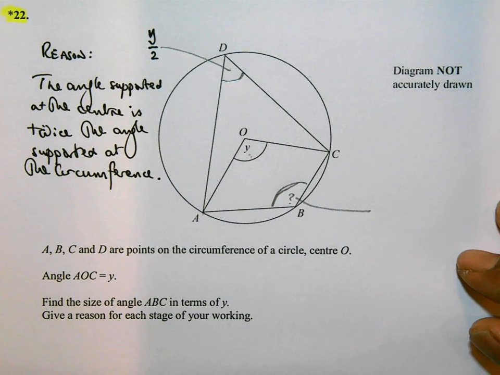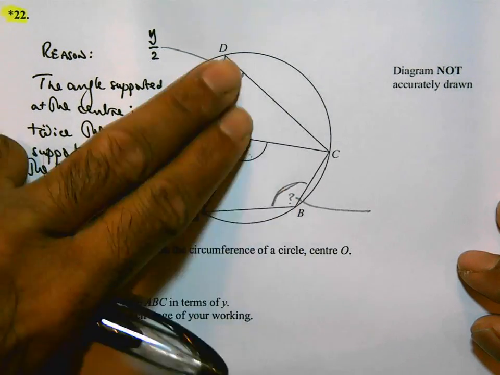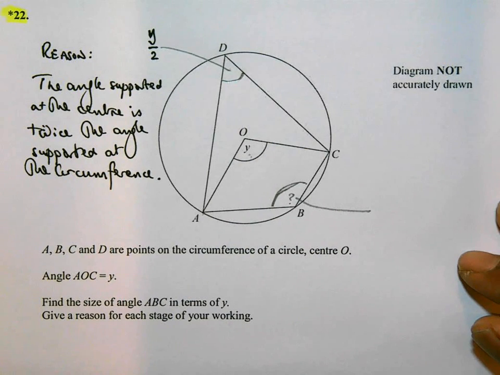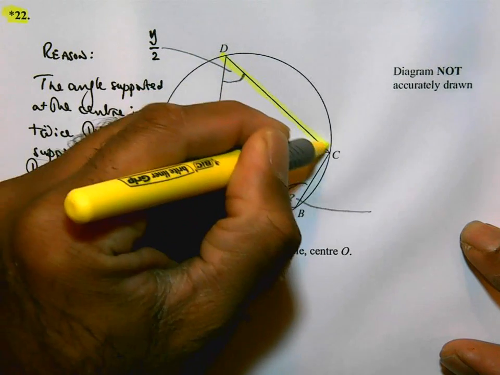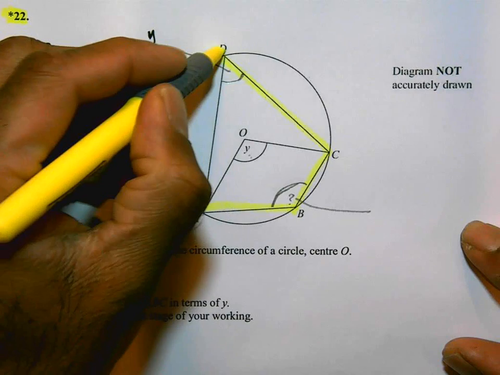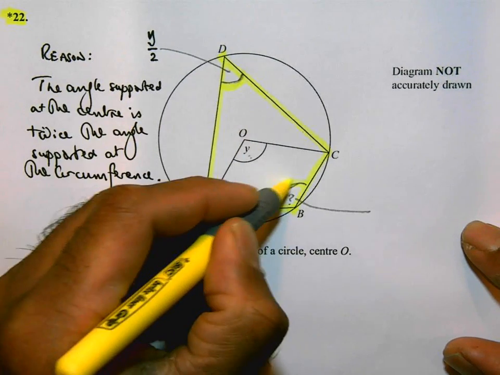So these two angles are on opposite sides of each other in this quadrilateral. So if we just focus on the four-sided shape, opposite angles, so that angle and that angle, add to 180 degrees.